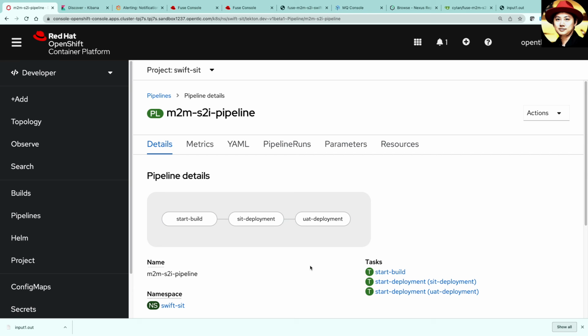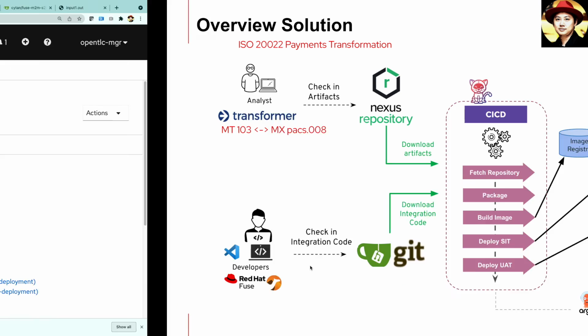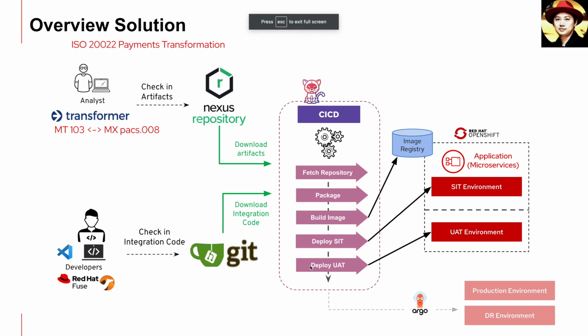This CI/CD plays a very important element in the solution because the payment message formats or standards are rapidly evolving and changing, while the integration flow or the endpoints may remain unchanged most of the time.